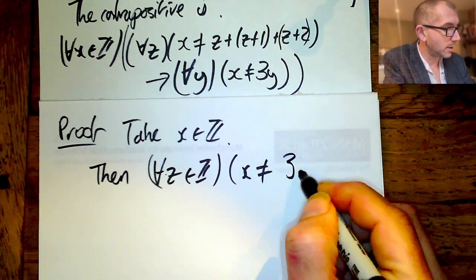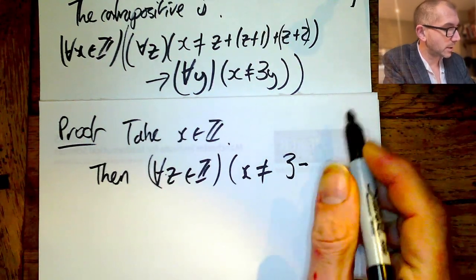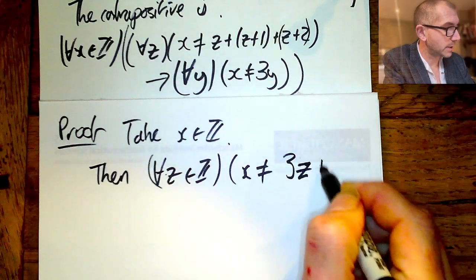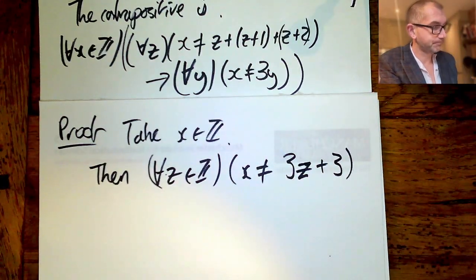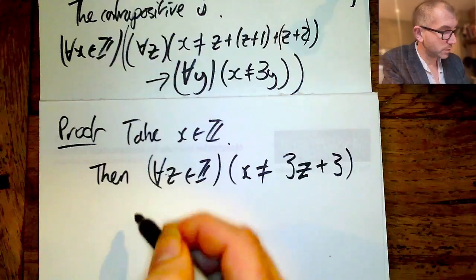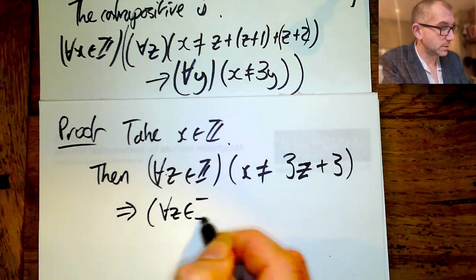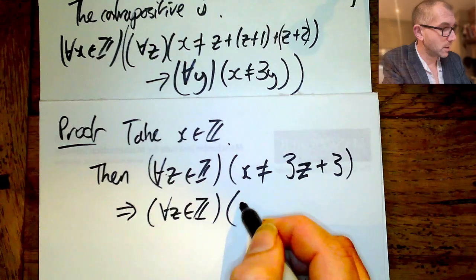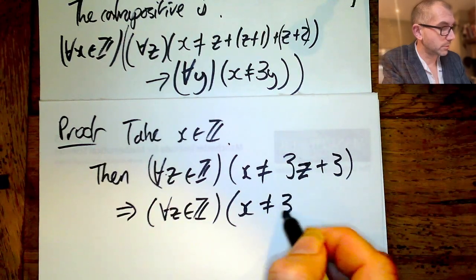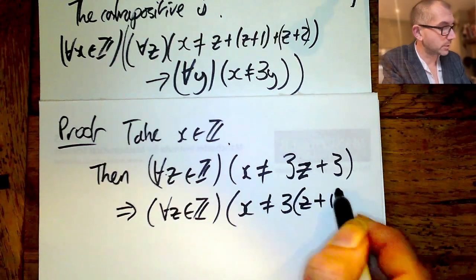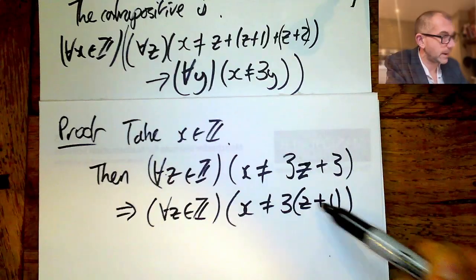So x is not equal to 3z plus 3. So that implies that for all z in Z, x is not equal to 3(z plus 1). Just factorising that.